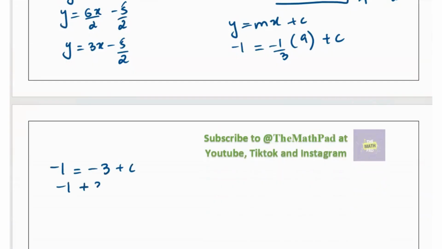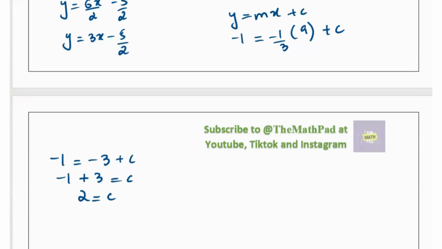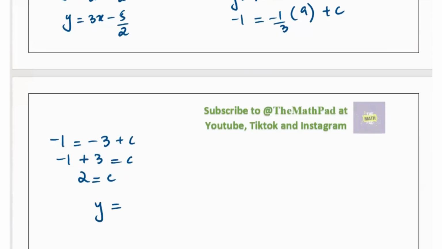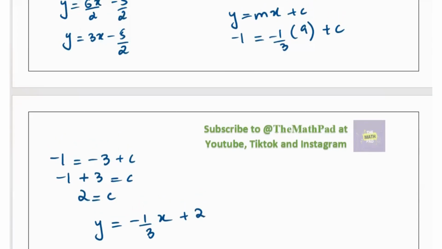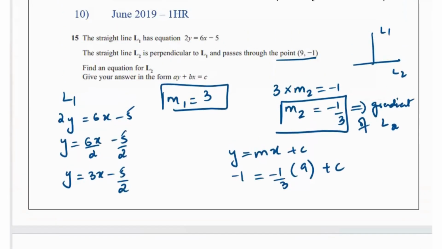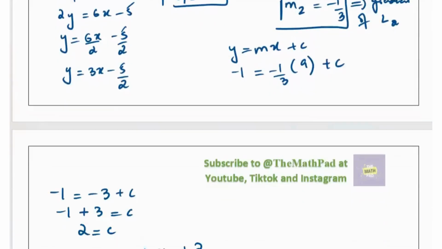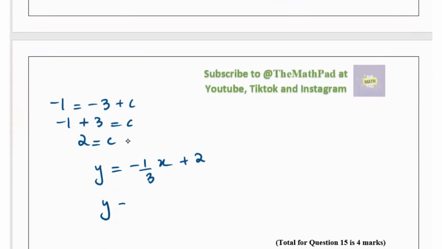Negative 1 plus 3 equals c, that is 2. So y equals negative 1 over 3x plus 2. We want the equation in this format, with the constant on one side. So y plus 1 over 3x equals 2. This is your equation of the line L2.